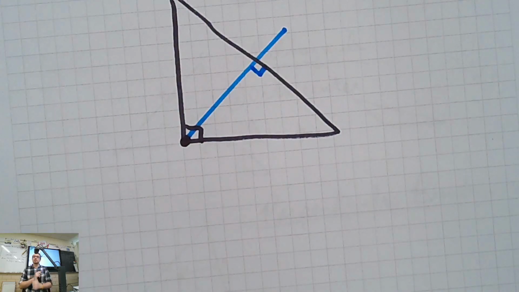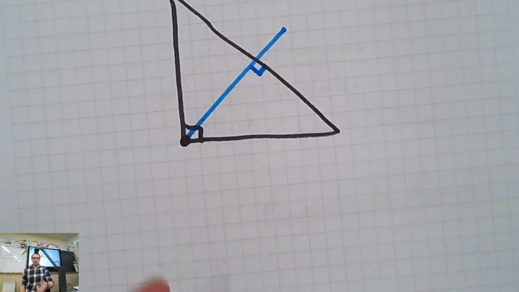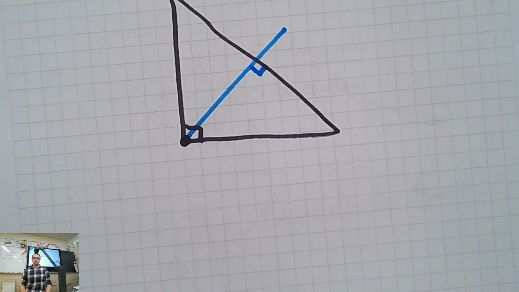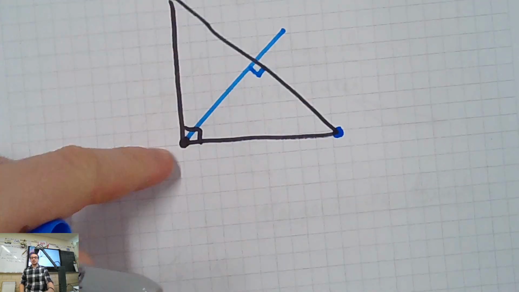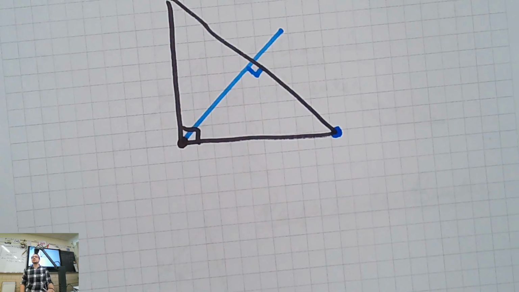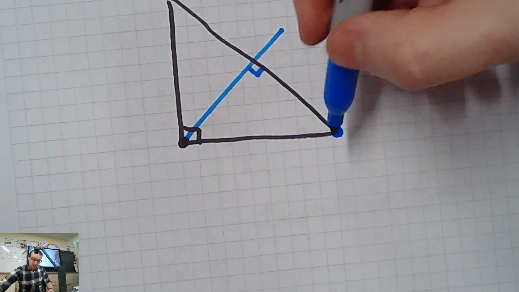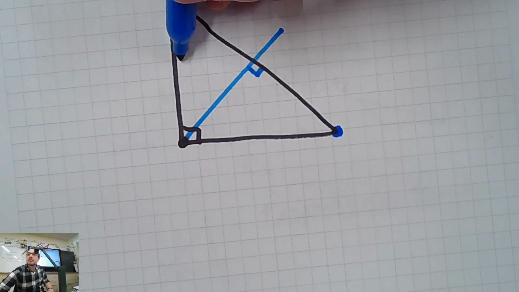Where would the other two perpendiculars be? Because once we find at least one more, we'll see where they intersect, right? Where would they intersect in a 90-degree triangle? Where do you think? Start here. Now draw a 90 degree to the opposite side. Where would that line be? Well, if I drew a line like that, would that be 90?